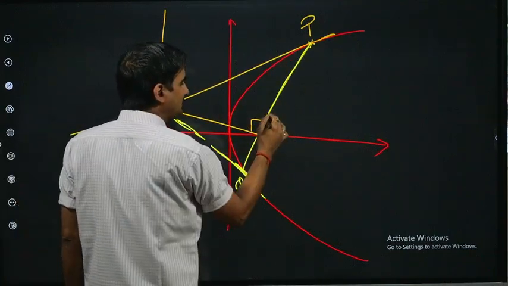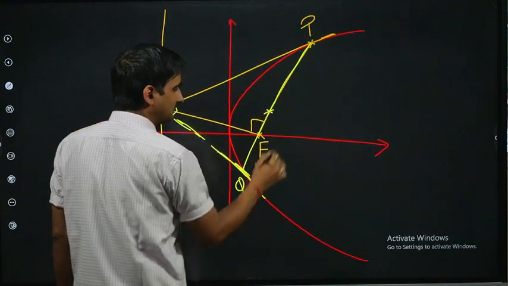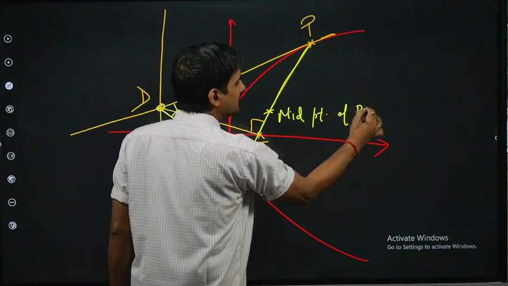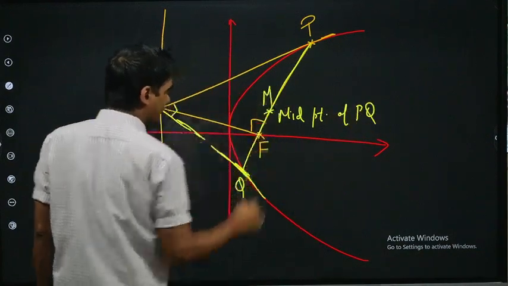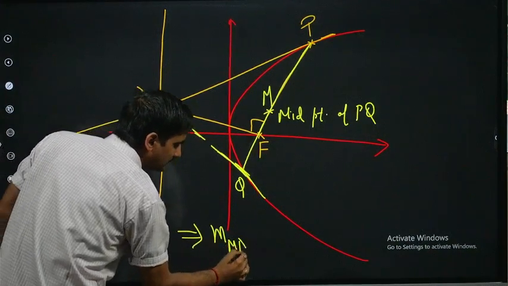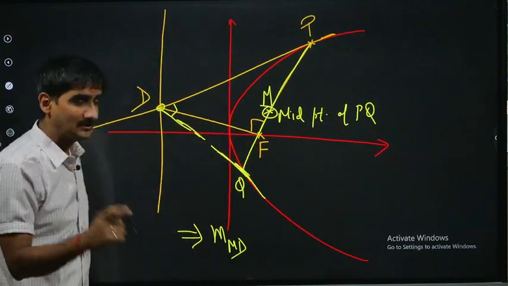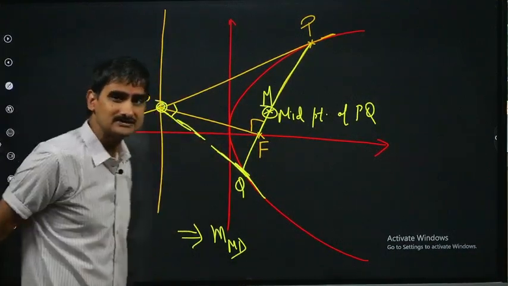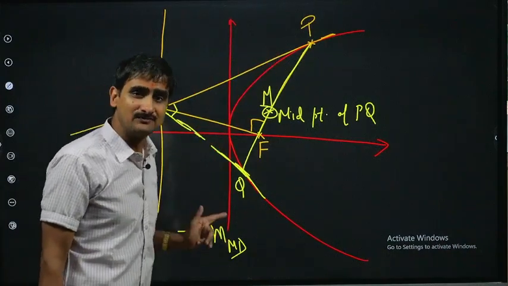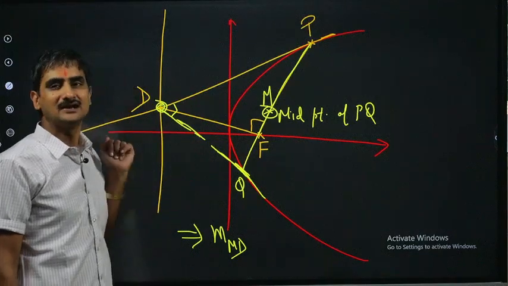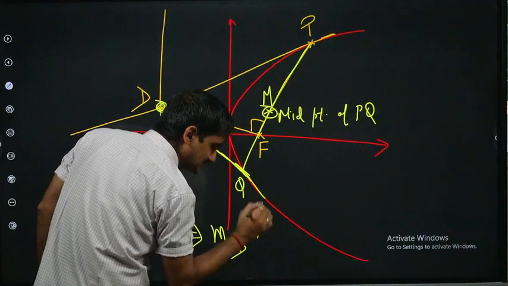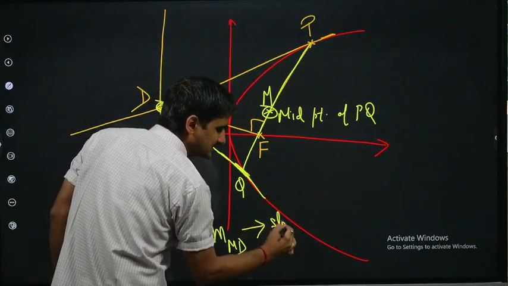Now see, interesting one. If I try to find the midpoint of P and Q, if I call it M, then remember the slope of MD, the midpoint of focal chord and the point where the tangents drawn at the end points of the focal chord meet the directrix, this slope is the slope of the axis.